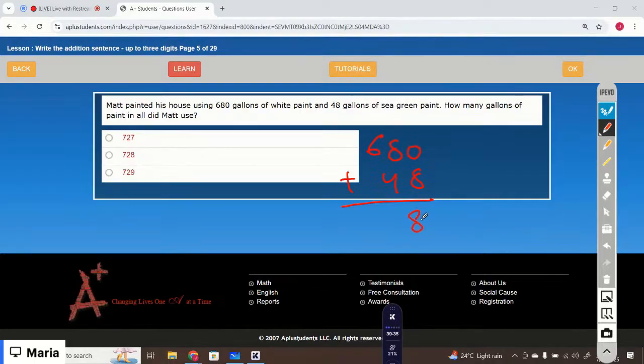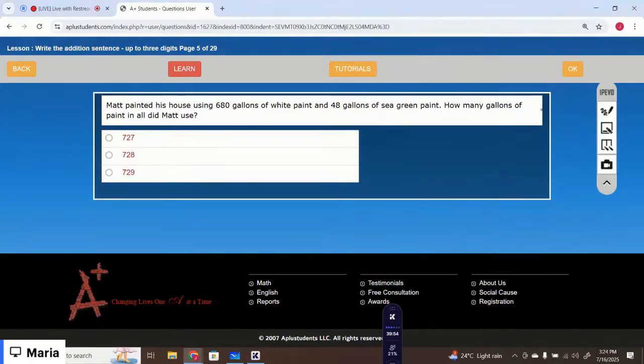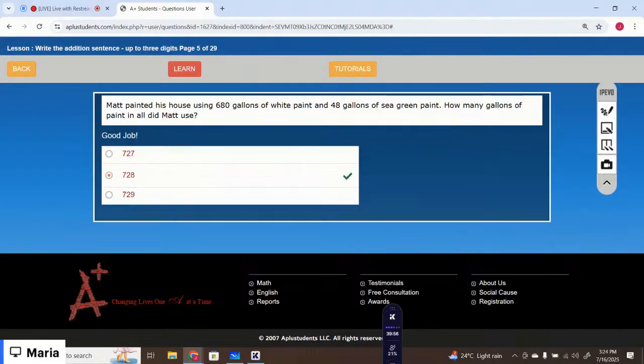That is 8 plus 0 makes 8. And 8, 9, 10, 11, 12, right? 2 and carry, and 6 plus 1 is 7. That is 728. Option number 2 is the correct option. That is 712.